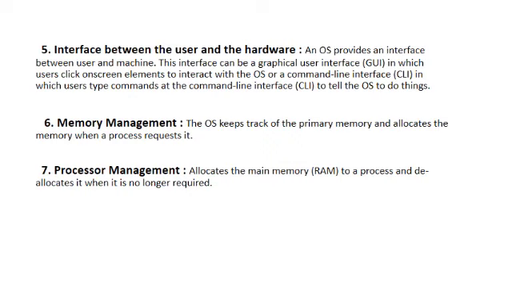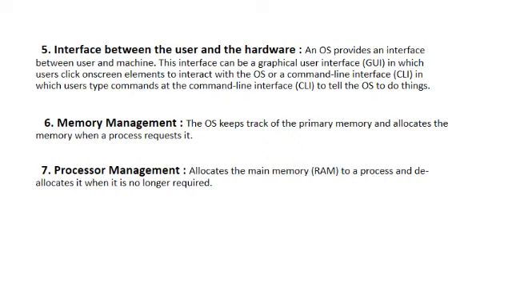Next is memory management. The operating system manages the primary or main memory. It keeps track of primary memory, that is, which bytes of memory are used by which user program, the memory addresses that have already been allocated, and the memory addresses of the memory that has not been yet used.